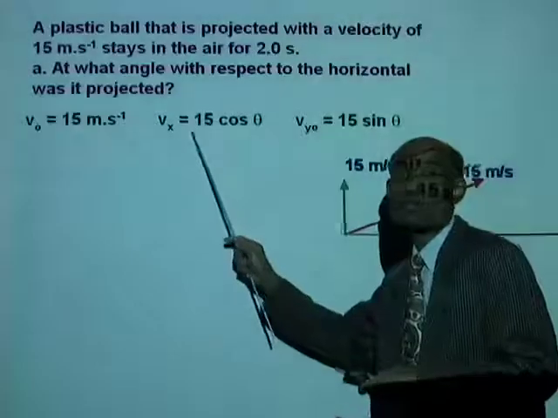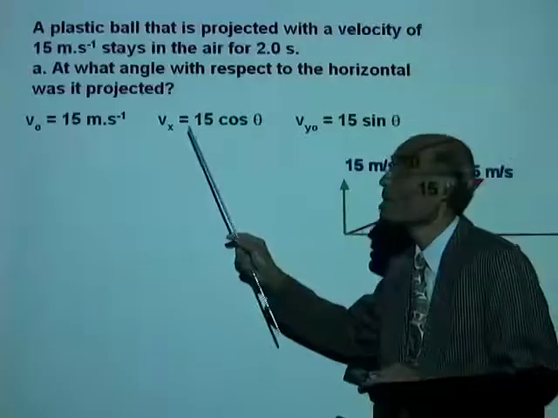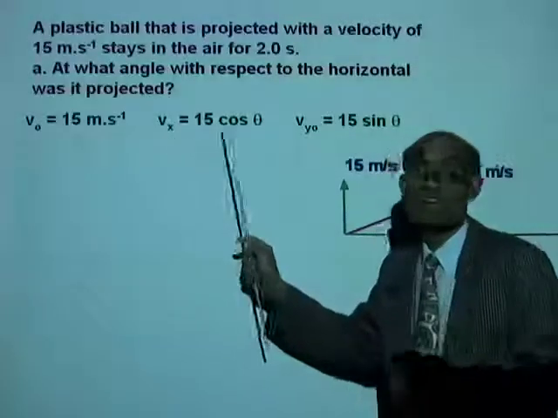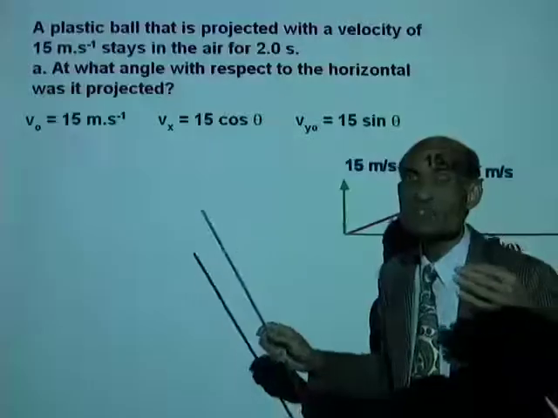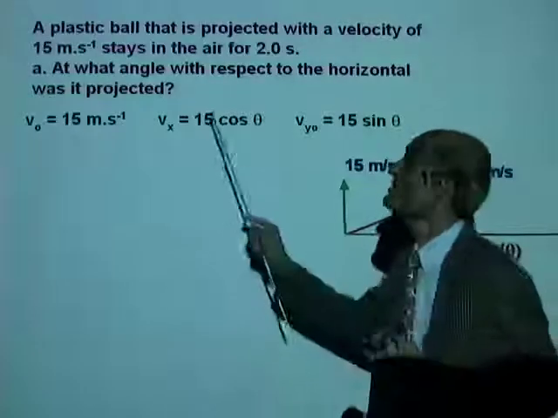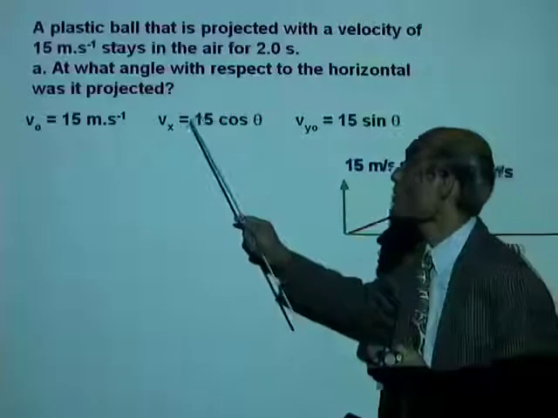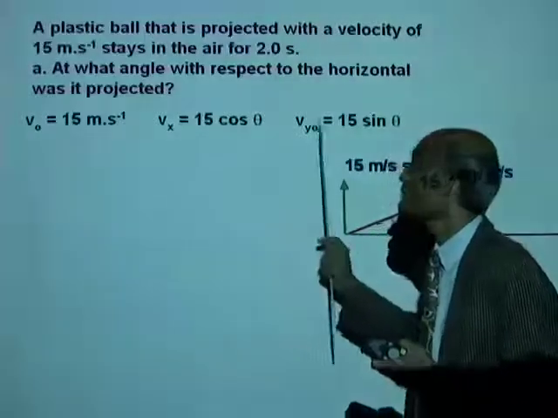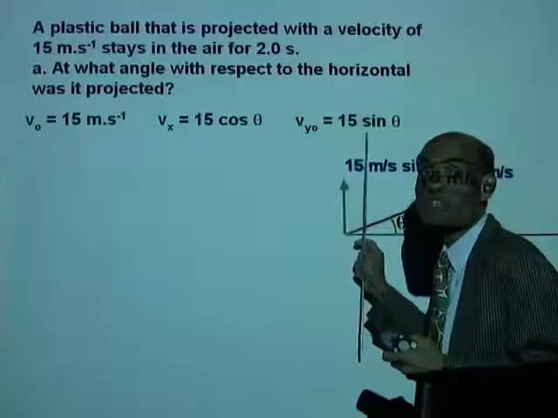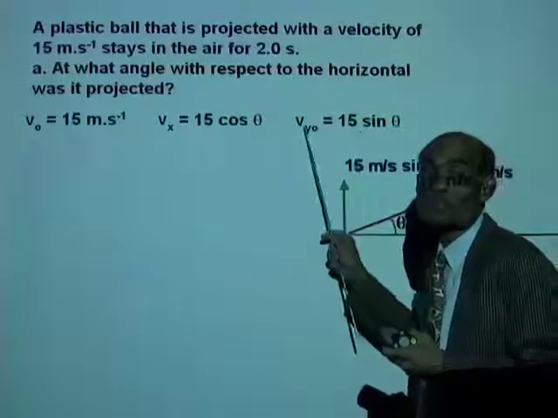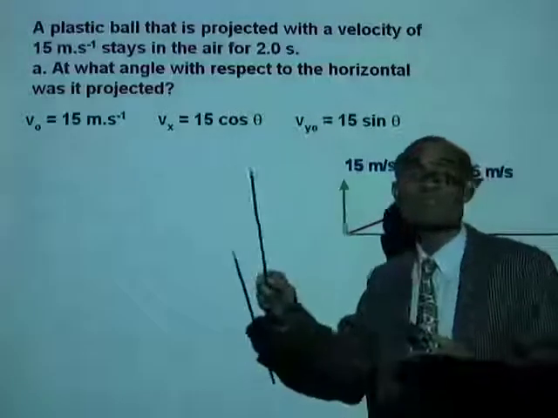I hope you distinguish between the x and y component. The x component does not change, so we don't need to write Vx0. Vx remains a constant right through the flight. So Vx is 15 cos theta, but this is the initial vertical velocity, so we need to indicate it as Vy0.